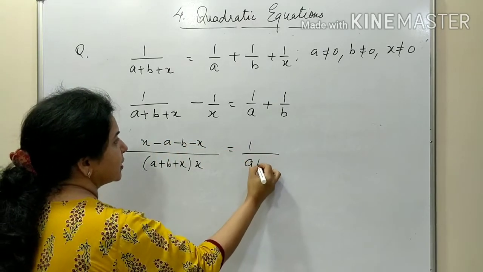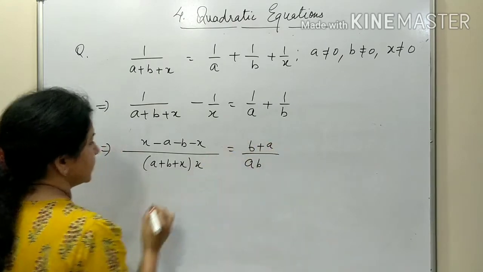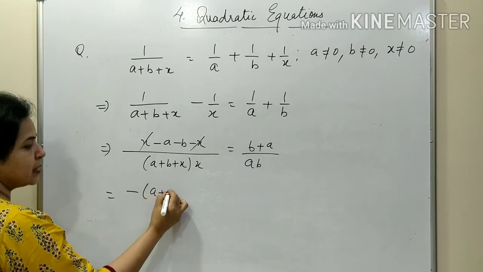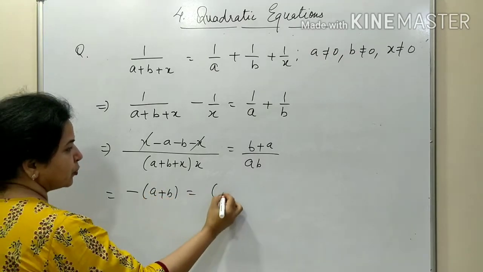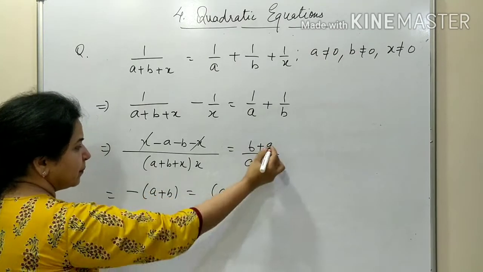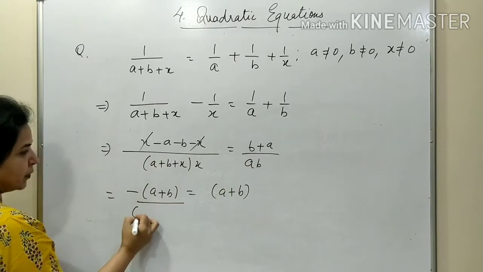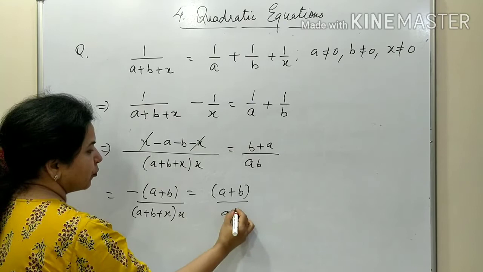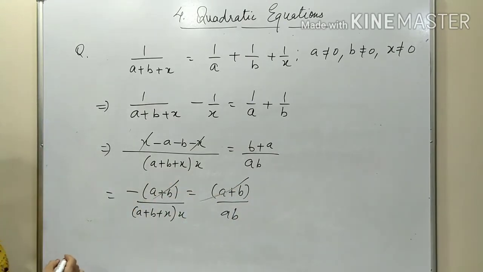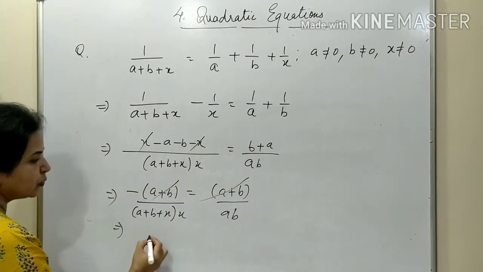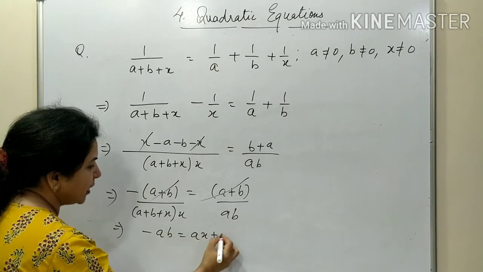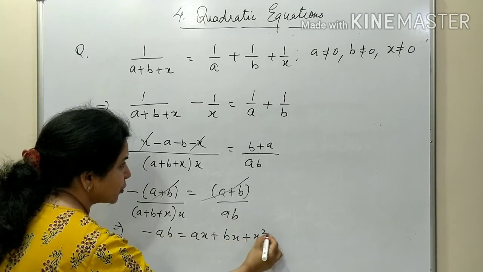Taking the LCM here also, plus x minus x cancel, minus sign common. Here we can write b plus a as a plus b, so we can cancel it out from both sides. Now this implies minus ab equals ax plus bx plus x square.